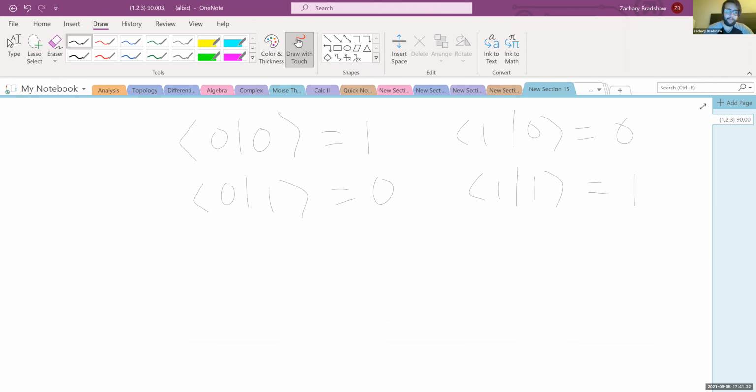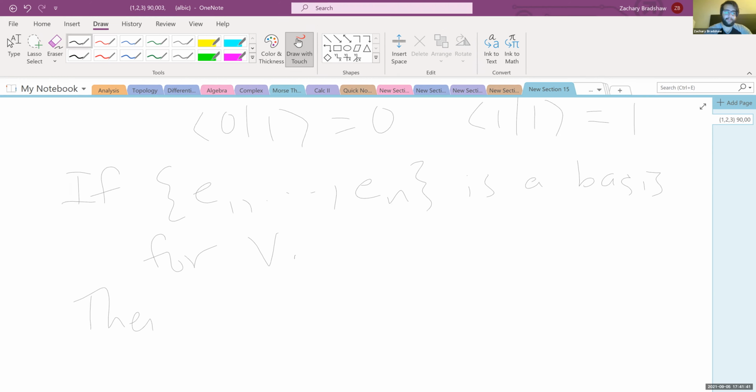So in general, how do we define the dual basis? Well, if E1 through En is a basis for V, then F1 through Fn is the basis for the dual space such that Fi of Ej is equal to the Kronecker delta ij.